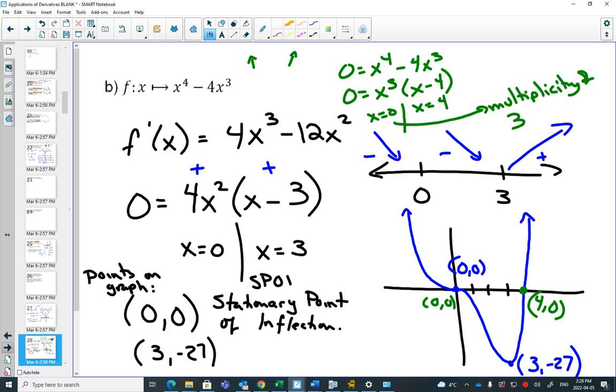The severity of the bend increases as the odd number increases. If the multiplicity is even, it would bounce off your x-axis. Think of an (x minus 3) squared graph. The vertex bounces off your x-axis.